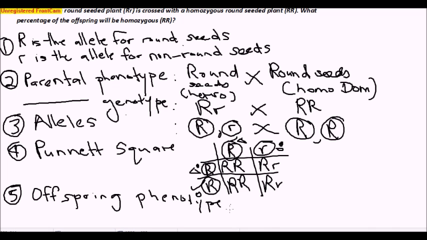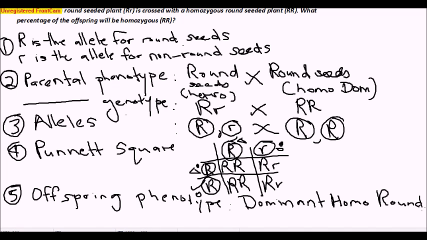And what is the phenotype of the offspring? So big R, that's dominant, homo, round, right?